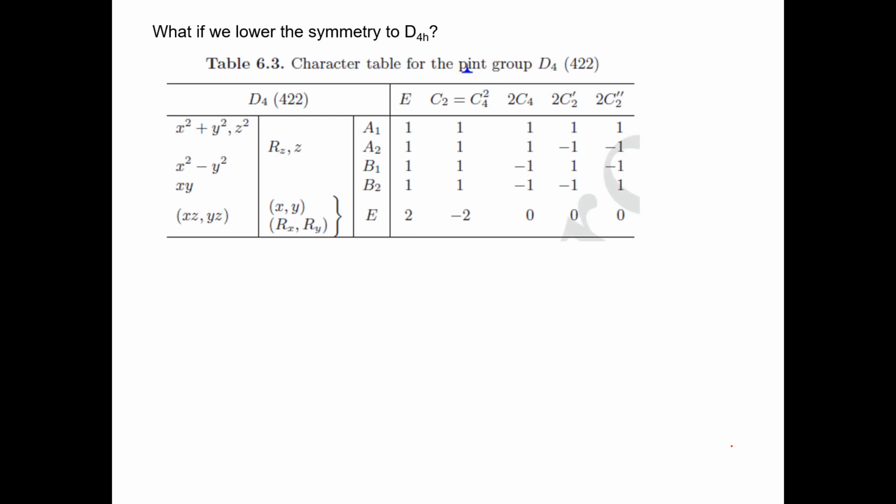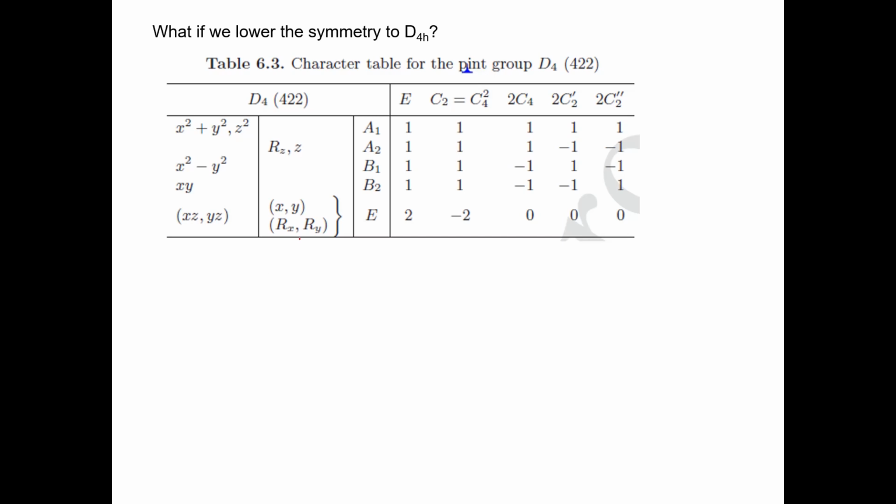This is not the character table for D4h, but for D4. But once again, the character table for D4h is just a combination of this with the reflection sigma h. So it's the direct product with inversion too.